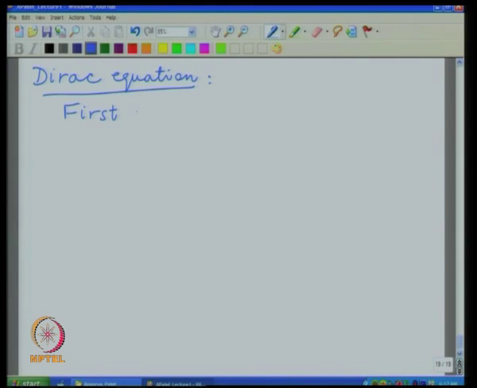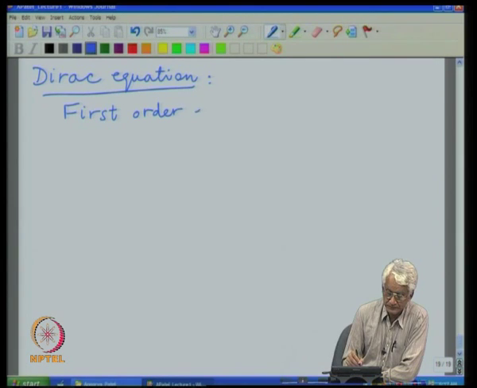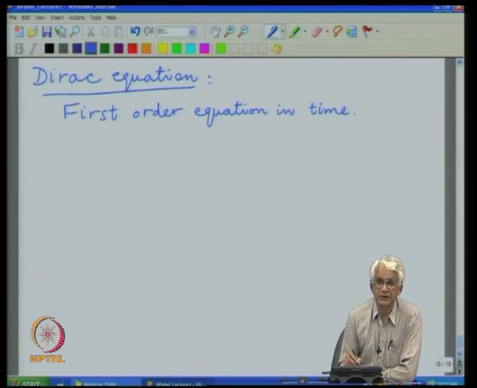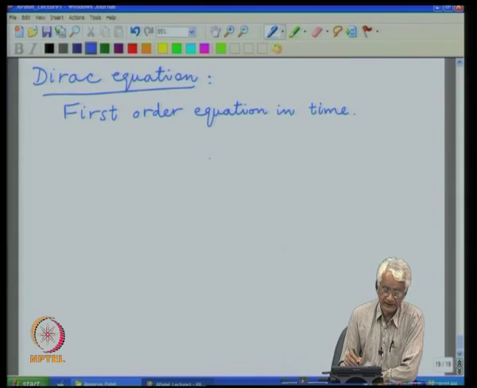So, he set out to develop an equation which was only first order in time, and then he believed that all the ambiguity of that square root would go away and one would not have to play around with these plus and minus signs which followed into the later steps, including the charge density and so on and so forth.